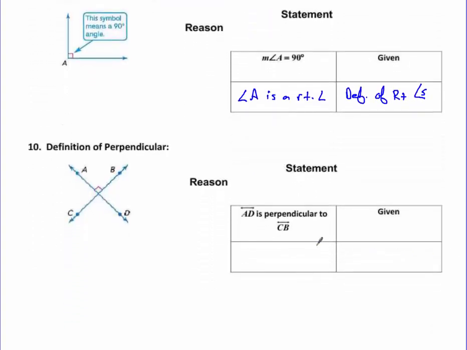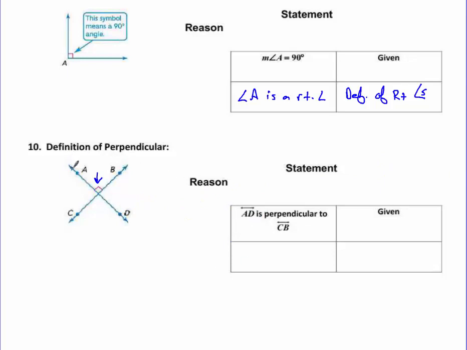All right, last one we're going to do is the definition of perpendicular. See these two lines and they have this little right angle symbol between them? That means that this is a right angle, so this is a right angle, so this is a right angle, so this is a right angle. Every angle in here is a right angle, right? We don't usually draw it like that though. We just have the one, and that takes care of all four.